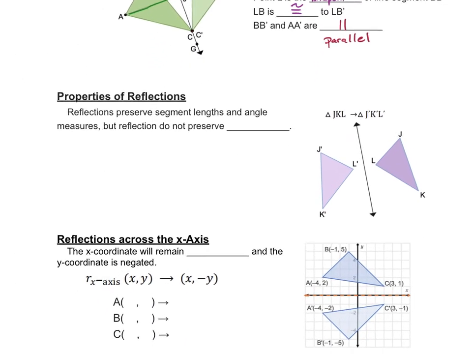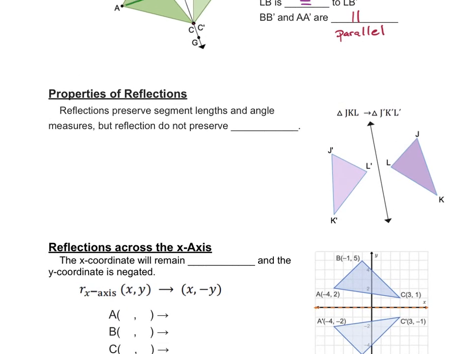So properties of reflection, let's see here, reflections preserve the segment lengths and angle measures, but reflections do not preserve their orientation. Do not preserve orientation.